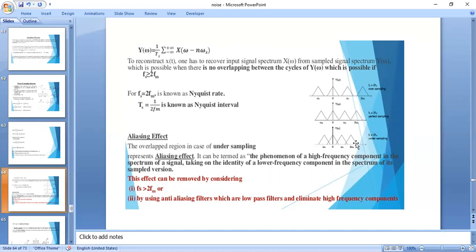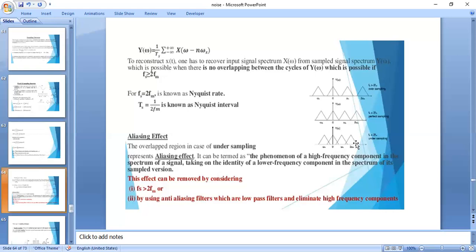Okay, and we have different types of sampling techniques: ideal sampling or impulse sampling, natural sampling, and flat top sampling. Ideal sampling is practically impossible because ideally we assume the width of the pulse is 0, but practically that is not possible. So you go through natural sampling, but in natural sampling the amplitude of the sampled signal is not constant.